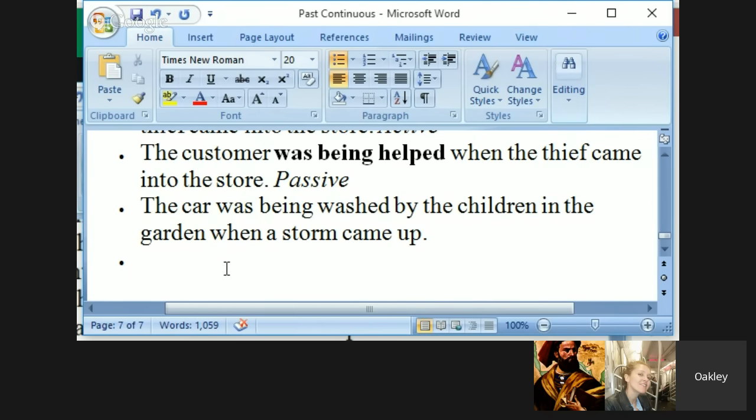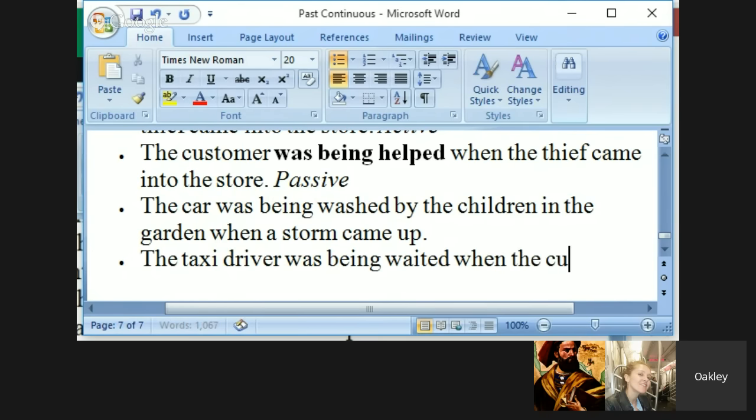The taxi driver was being waited when the customer got into the taxi. Okay, I'm just not sure about your verb here. The taxi driver was being waited? Waited, yes.